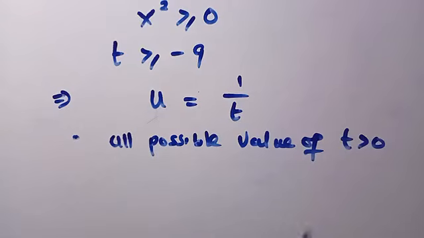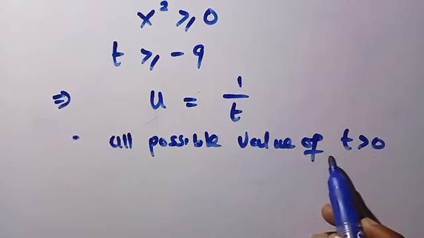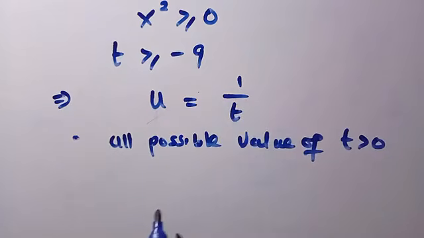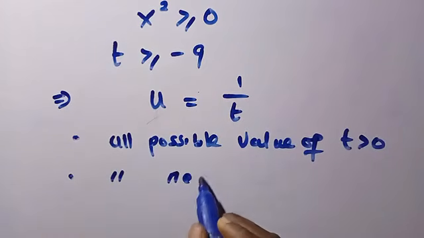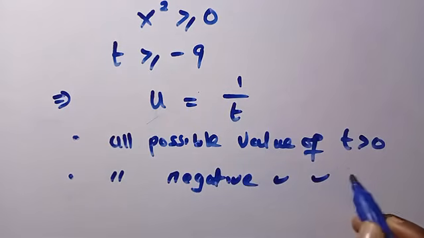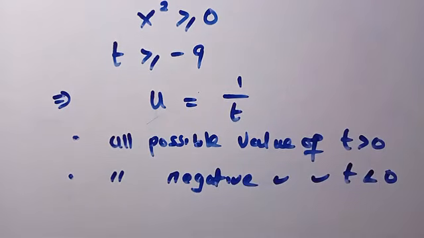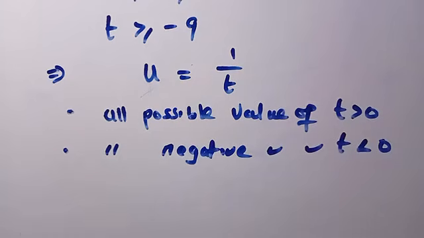It means t equals 0 is not there, but all possible values satisfy this. And also, we have all negative values of t less than 0. So they also satisfy this. So since we're able to define this one, then let's define the range.